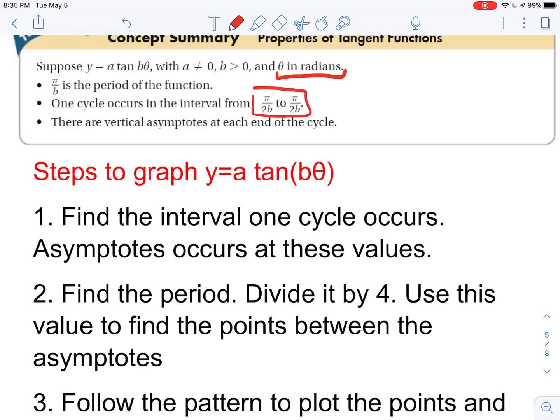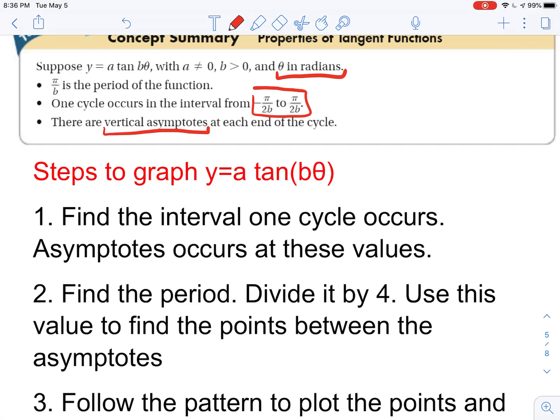The other thing we need to be able to calculate are the asymptotes, okay? So one cycle, if you look at this interval right here, from negative pi over 2b to pi over 2b, you should be able to see one full cycle, okay? Now, why is that important? Well, at the end of this cycle, you will see the vertical asymptote.